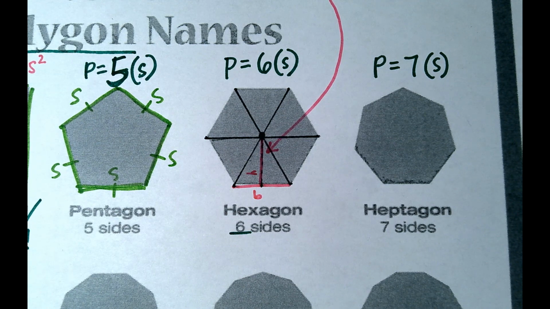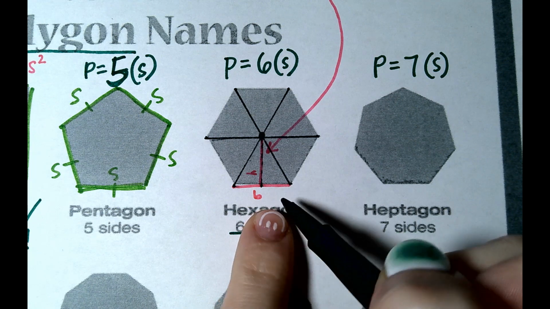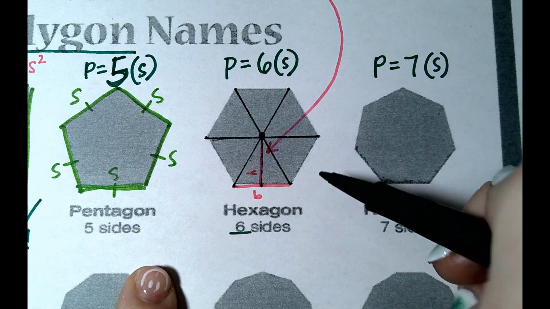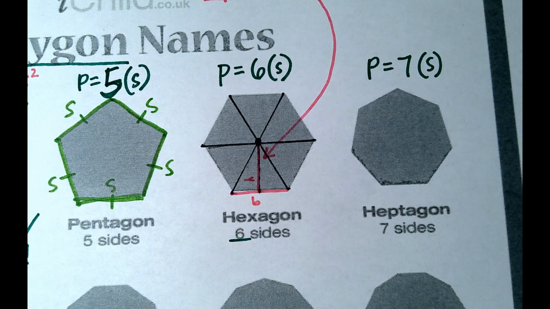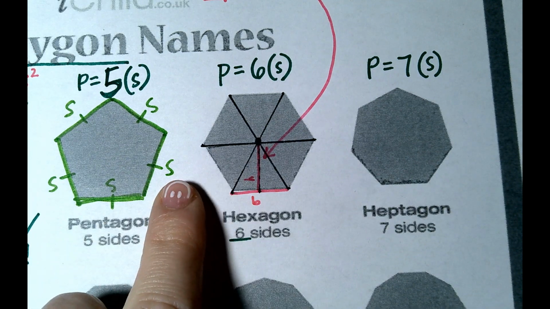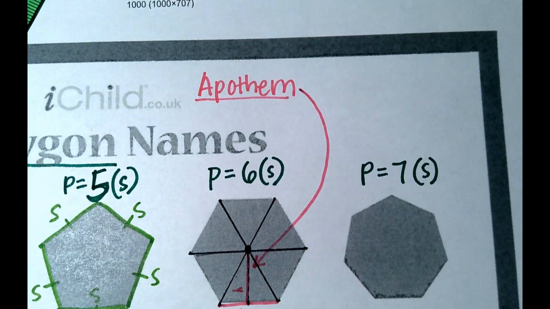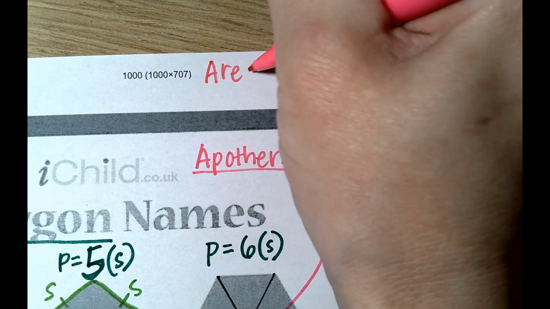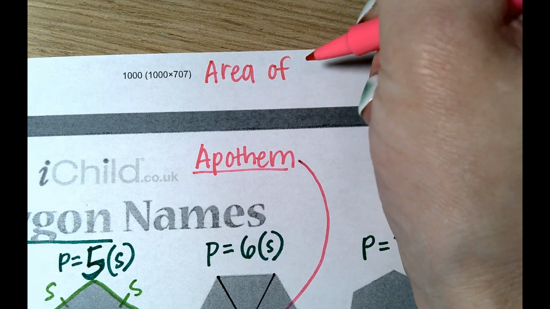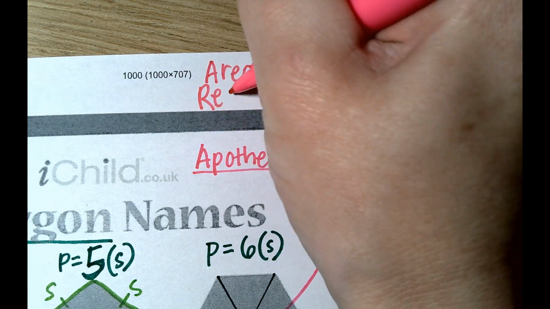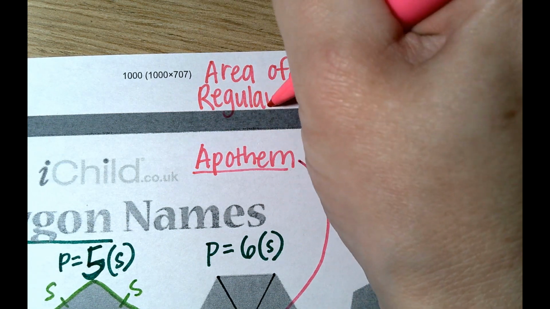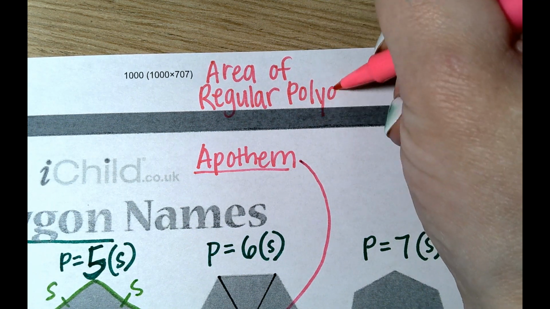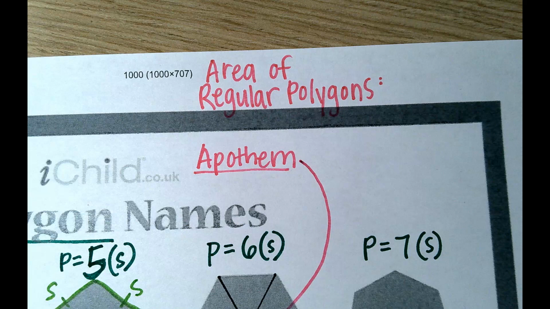So, let's see. What we can do to sort of speed up the process, because you'll have to find the perimeter anyway, is there is a formula for the area of a regular polygon. And here is that formula. Area of regular polygons.